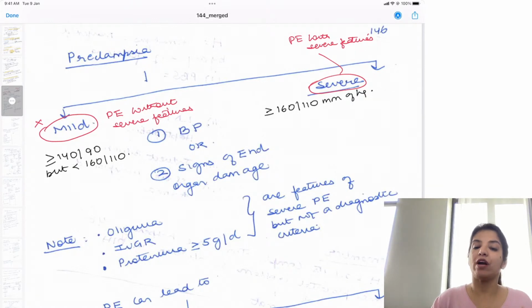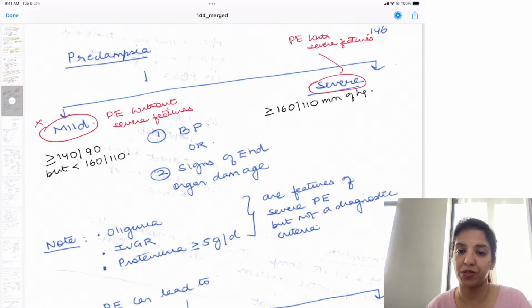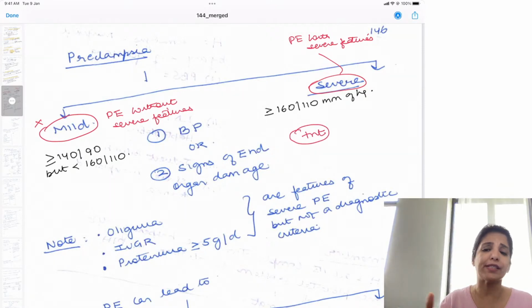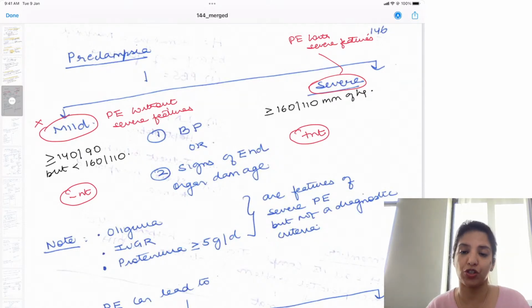So preeclampsia with severe feature means that BP becomes more than equal to 160 by 110. That is one criteria for saying that your patient has preeclampsia with severe features. The second criteria is if she is having signs of end organ damage, any sign of end organ damage, you are going to say my patient has preeclampsia with severe features.